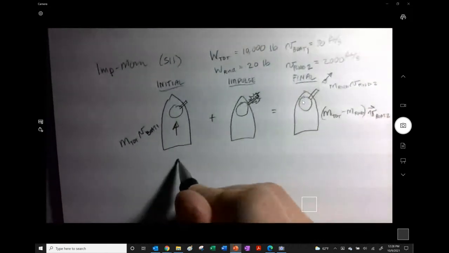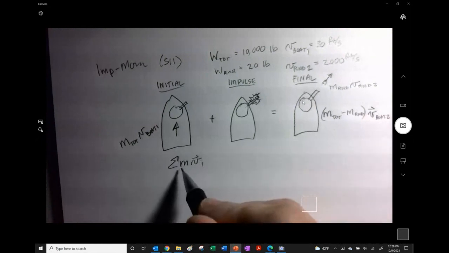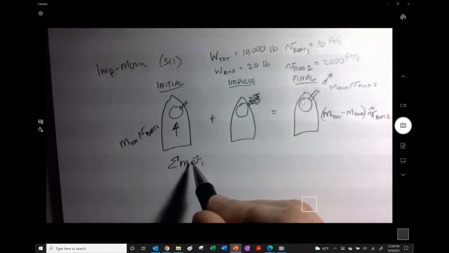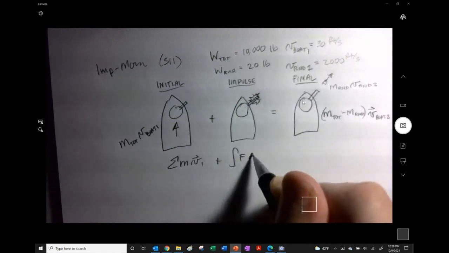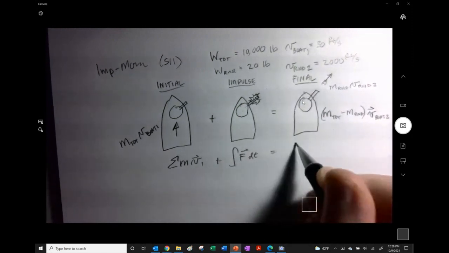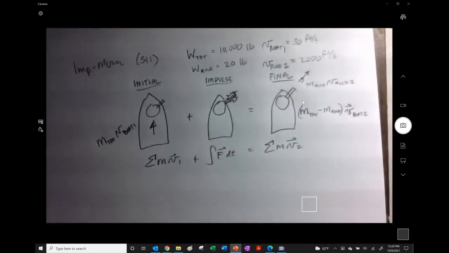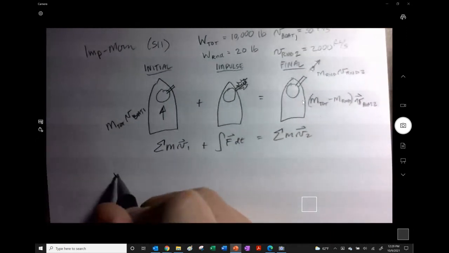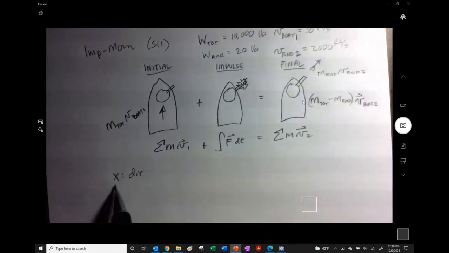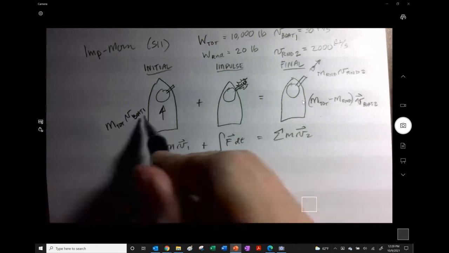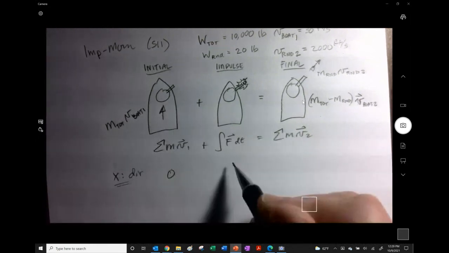So what we want to do is say the sum of the momentums, the sum of the mass times velocity, the linear momentum, plus the impulse is equal to the sum of the momentums afterwards. And these are vectors, so we can have an x direction, which in this case is going to be 0, mass times this.